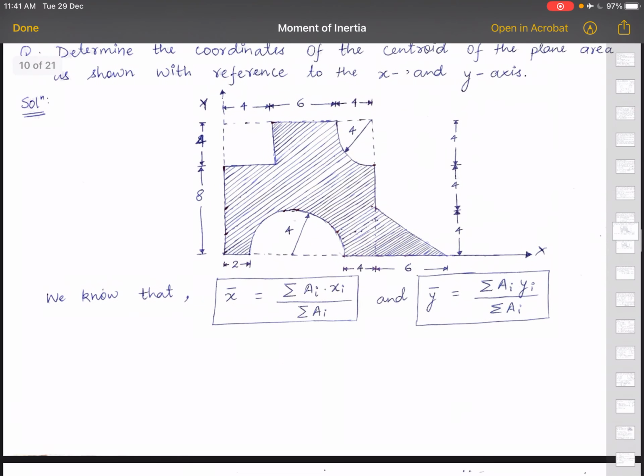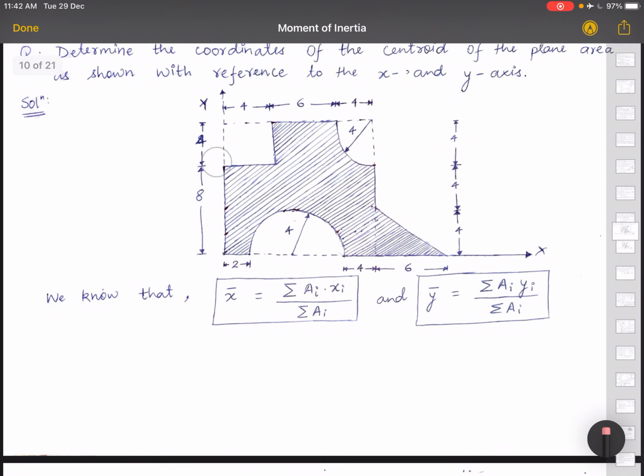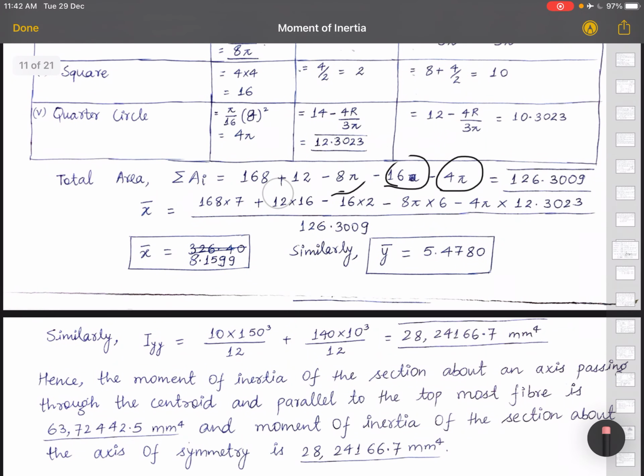This square, this quarter circle, this semicircle, and this square, they will be negative areas. Treat them as negative areas. So always put a negative sign in front of their areas, and everything is fine. So you will get this area, x bar you will get, and y bar similarly you will get. Just put the values over here.